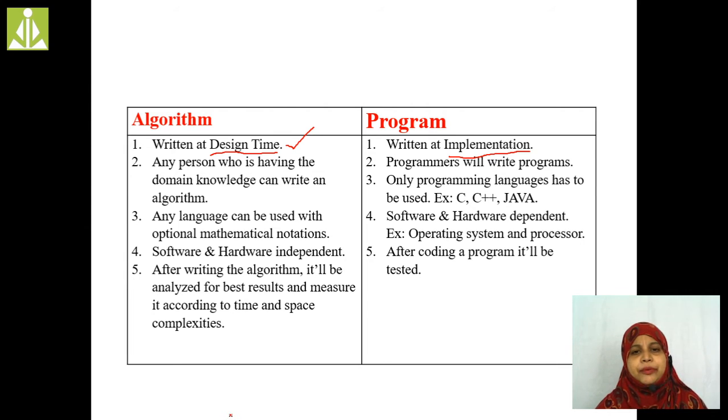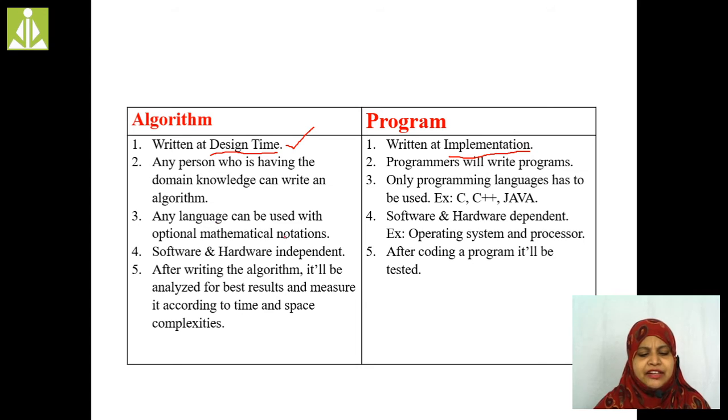But domain knowledge means the manager can write the algorithm for that project, right? Whoever has the domain knowledge can write the algorithm, whereas whenever you implement any algorithm in terms of a program, programmers must write that program. A tester is not able to write the program, and managers also do not write any program, right? This is the second difference between the algorithm and the program.